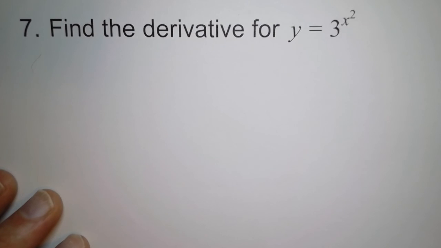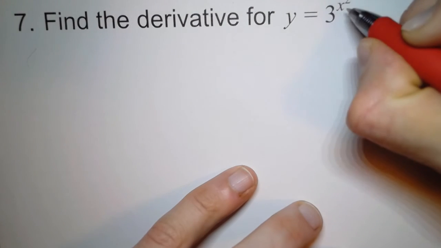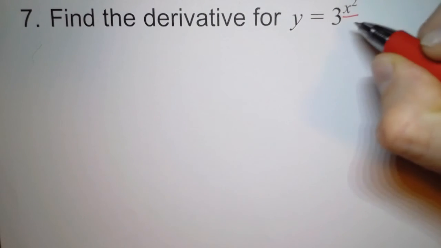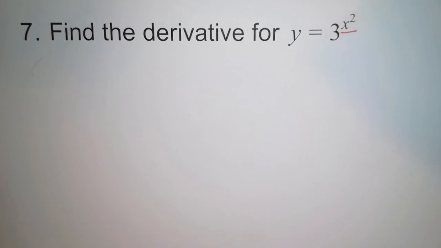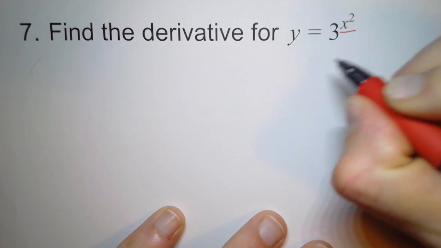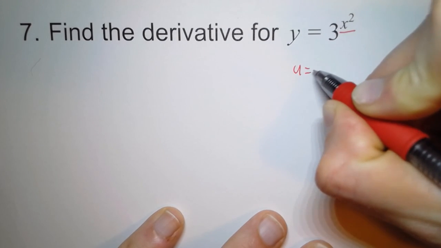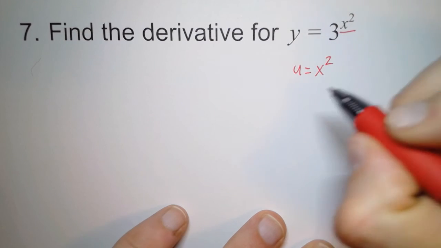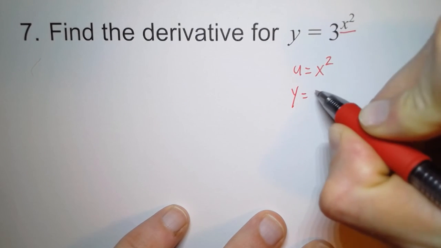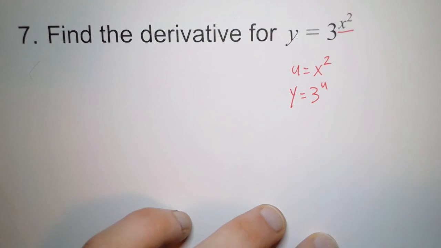So let's look at the next one. This one also is a chain rule question because we have 3 not raised to the x, but 3 raised to the x squared power. So we can write this as u is our inside function, that's x squared, and y is our outside function, which is 3 to the u power.